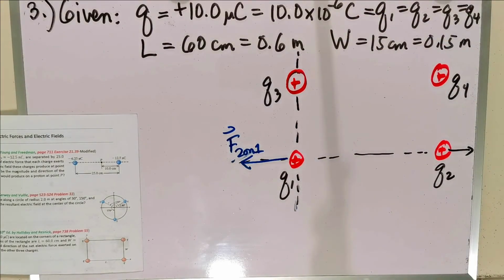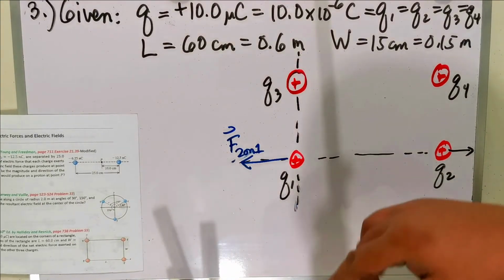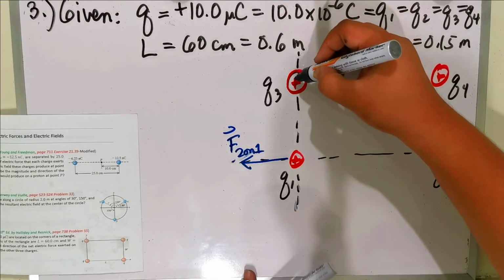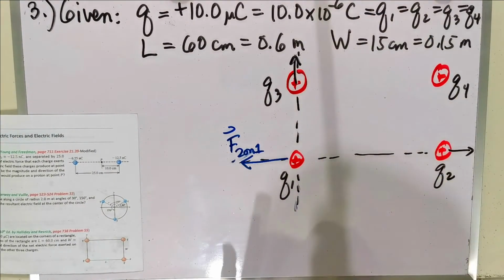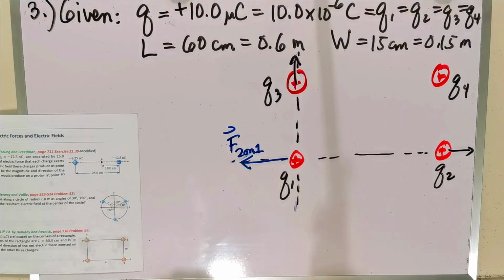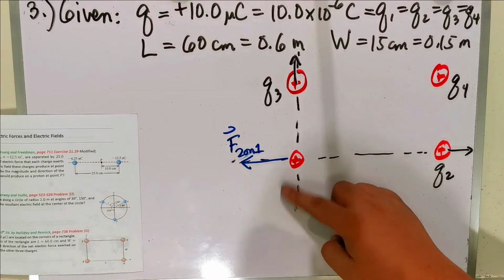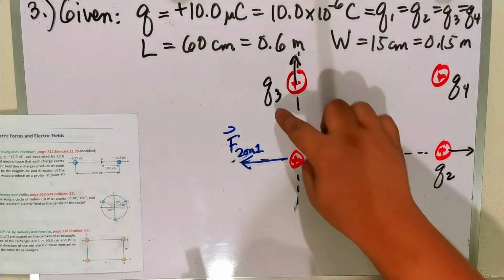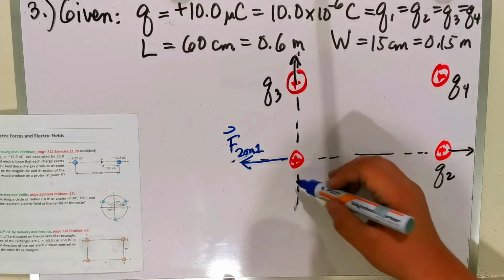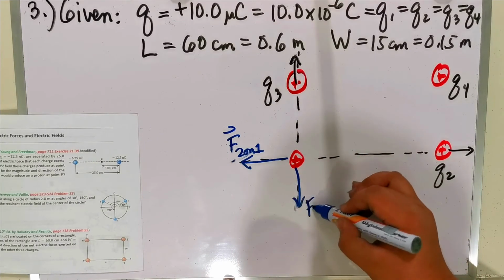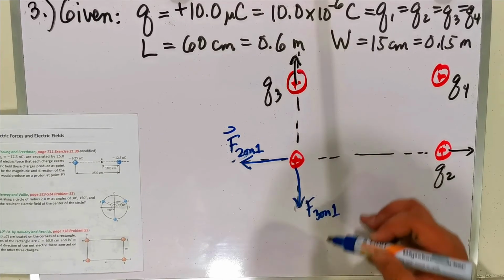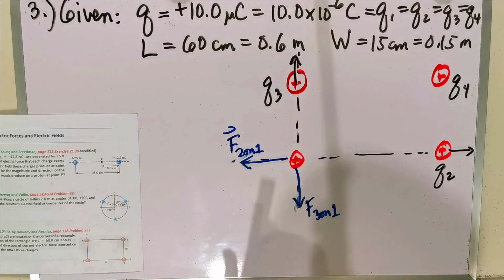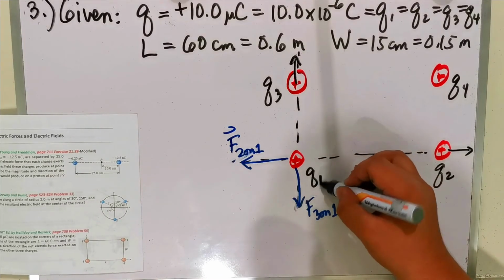Q1 repels Q3 in that direction, but Q3 also repels Q1, meaning your F3 on 1 would then be downward. So F3 on 1 is now downward. Again, this is our Q sub 1.